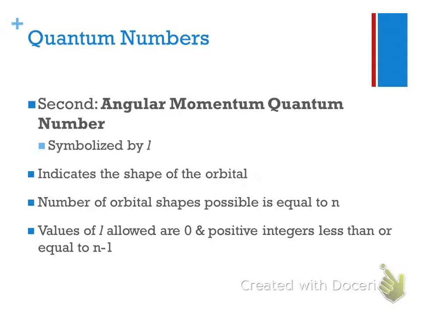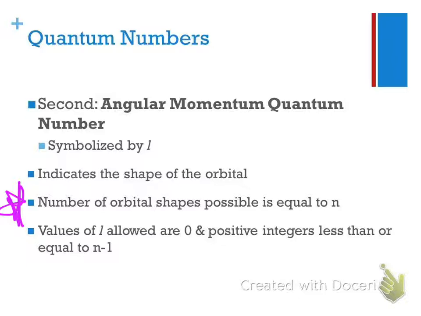Okay, so let's talk about what this top bullet means. The number of orbital shapes possible is equal to n. So let's say the electron I'm trying to look at is on the third energy level. That means n equals 3. If I'm on the third energy level, I have 3 possible shapes for my orbitals.